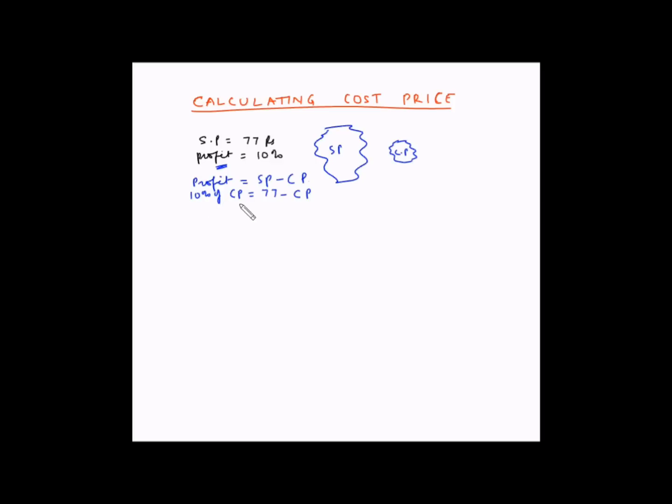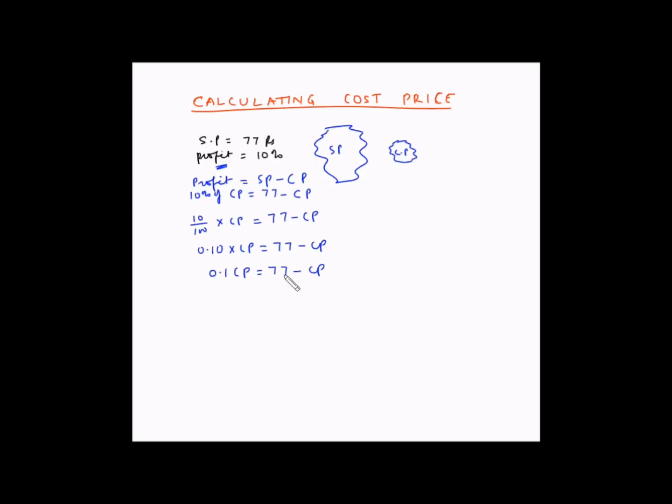Now 10% of cost price is 10 divided by 100 multiplied by cost price, which is equal to 77 minus cost price. So this will be equal to 0.10 multiplied by cost price is equal to 77 minus cost price, or 0.1 CP is equal to 77 minus cost price.